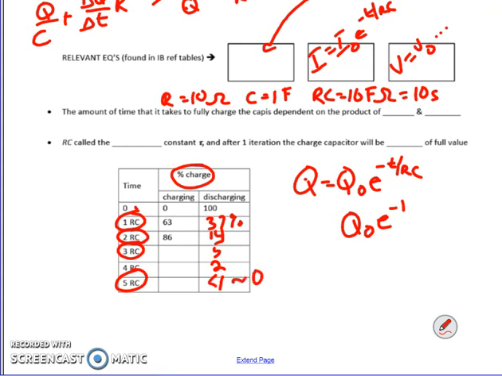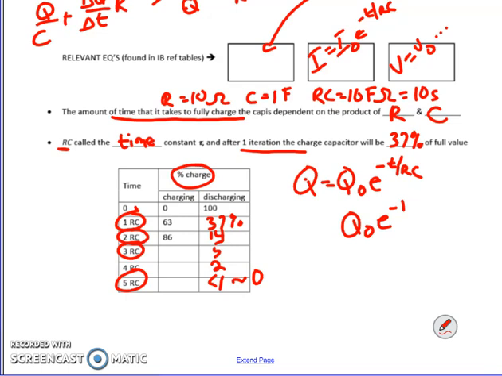A really important thing about this is that the amount of time it takes to fully charge or discharge a capacitor is dependent on the product of resistance and capacitance. And that product, R times C, is called the time constant, tau. And we're going to be talking about that. So after one iteration, meaning 1 times RC, the charge on the capacitor is 37% of the full value, and then it falls off as we see there.